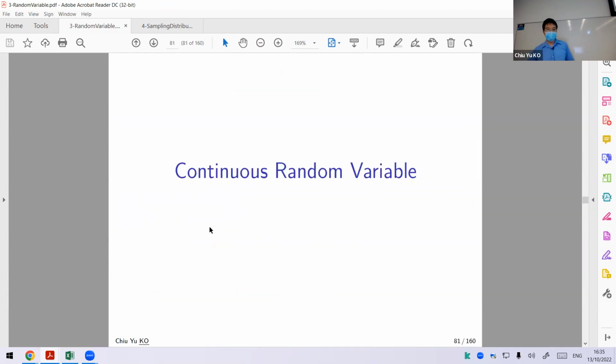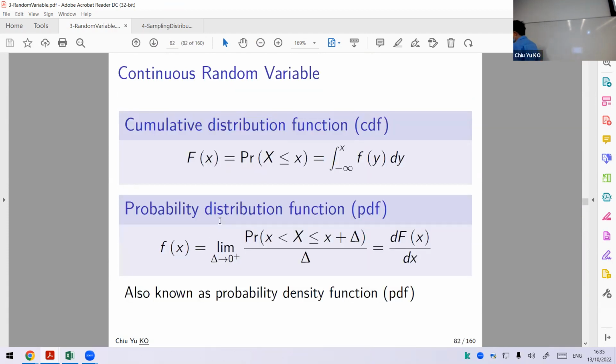In the continuous case, you can't have the big P, so we use the big F and little f. The reason is that the big P is not meaningful in this context, because any random variable equal to a certain value would be assigned probability 0, since you have infinitely many such cases.